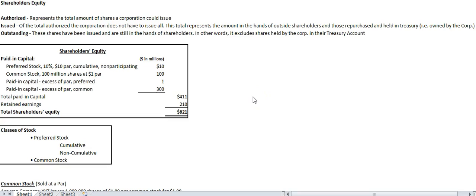Well, equity are funds that corporations receive to fund their operations. The difference between equity and creditors is that when you are an equity holder, you own a small percentage of the company, right? So if you own stocks in Apple, you could go around telling people that you're a partial owner of Apple Corporation, right?